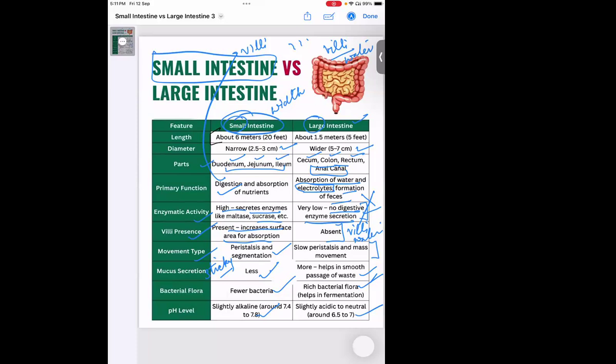In the small intestine, the mucus is less because they do not require any kind of movement, whereas in the large intestine, the mucus will be more because they have to push the undigested food out of the body. In the small intestine, bacteria will be less, whereas in the large intestine, it is more. The pH level is slightly alkaline in the small intestine, whereas in the large intestine, it is slightly acidic to neutral in nature. So these are some of the differences.